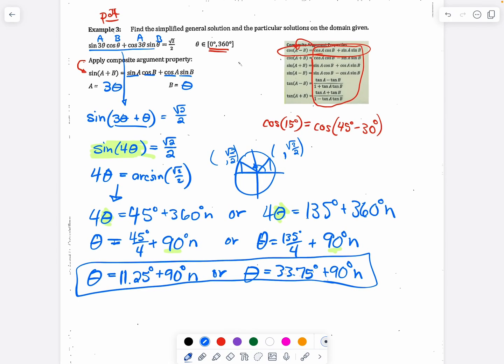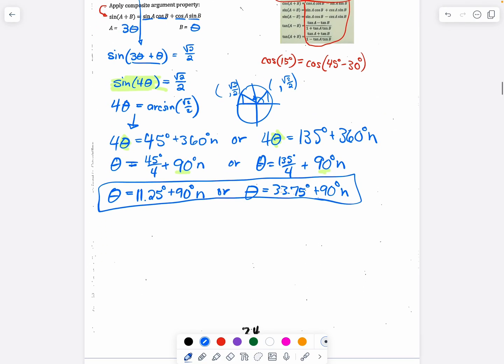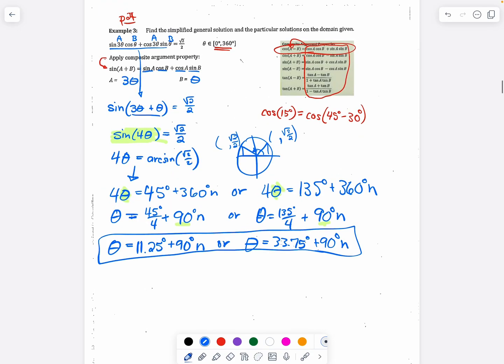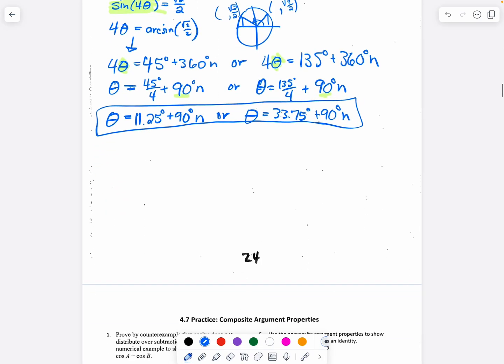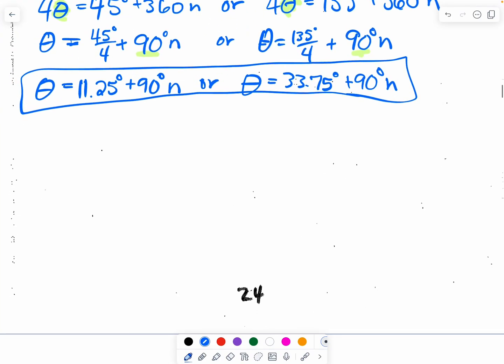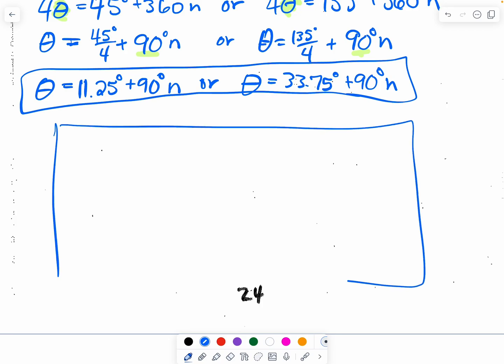But now we're looking from 0 to 360, and you could do it several ways. You could make a table and find which values of n get you within 0 to 360. I just graphed that on Desmos. I went from 0 to 360, and my y's were from -1 up to 1, because the amplitude was just 1.